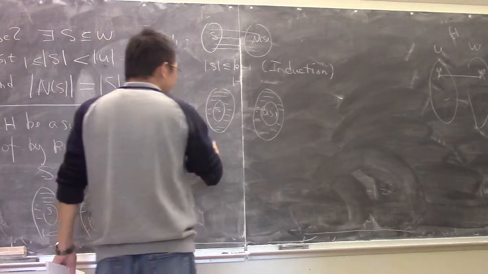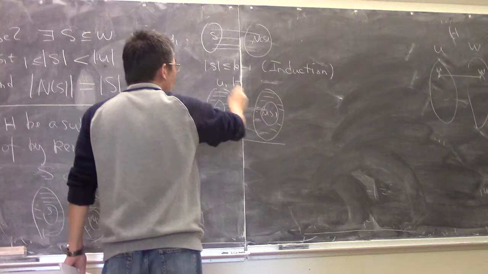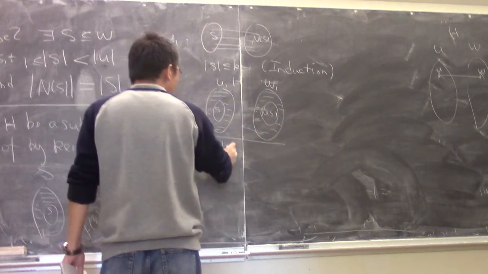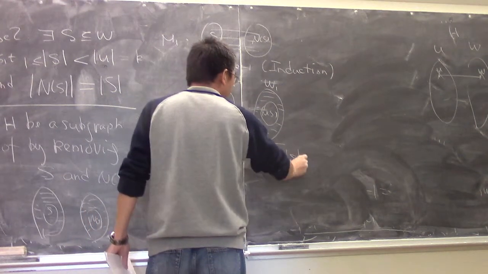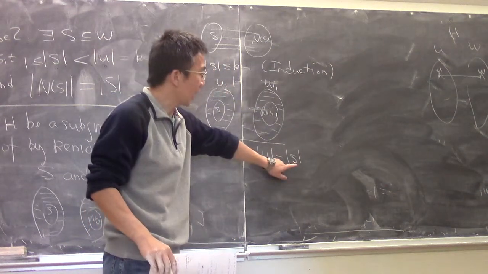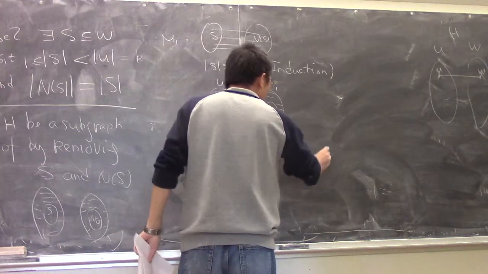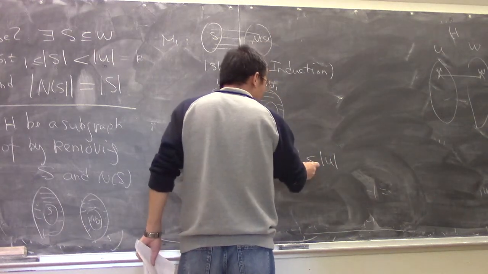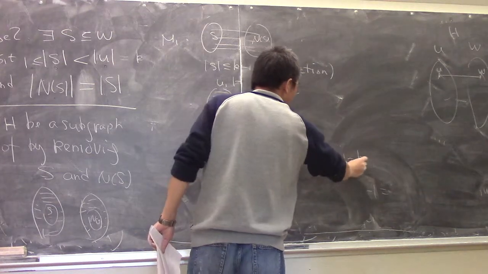In this case, let me call this U1 and this W1. First, I know the cardinality of U1 is equal to the cardinality of U minus the cardinality of S. But because I know the cardinality of S is larger than or equal to 1, this is strictly less than the cardinality of U. So therefore, it's less than or equal to K minus 1.